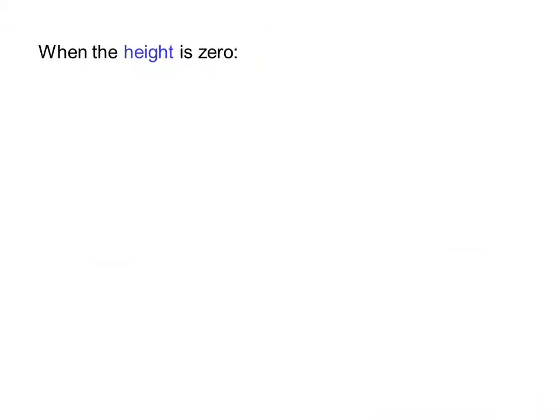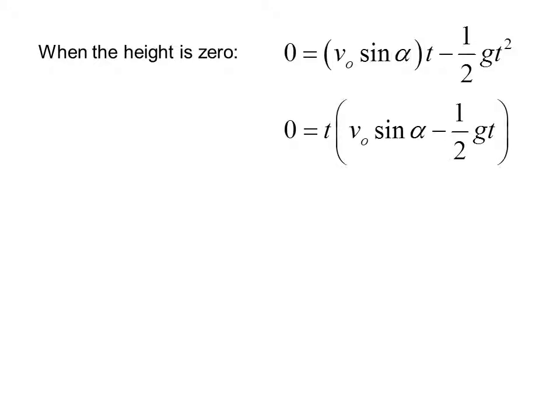When the height is 0, we have 0 equals v sub 0 sine alpha t minus 1/2 gt squared. If we factor out a t and solve for t, one solution is 0, which would be the time at launch.